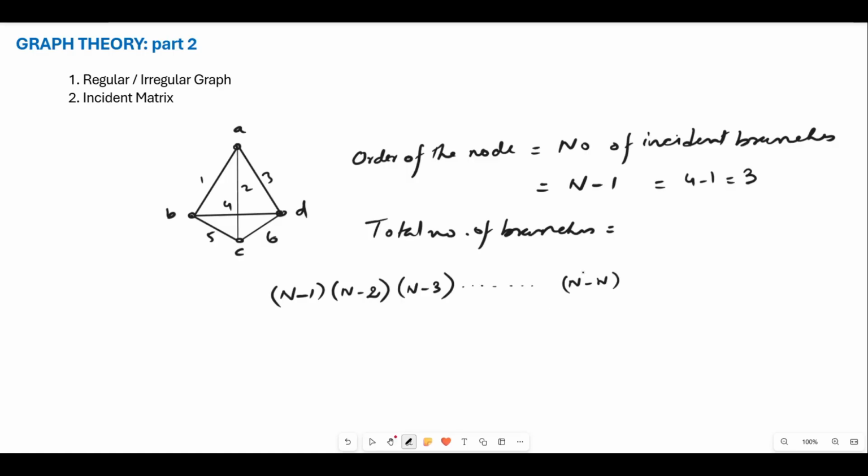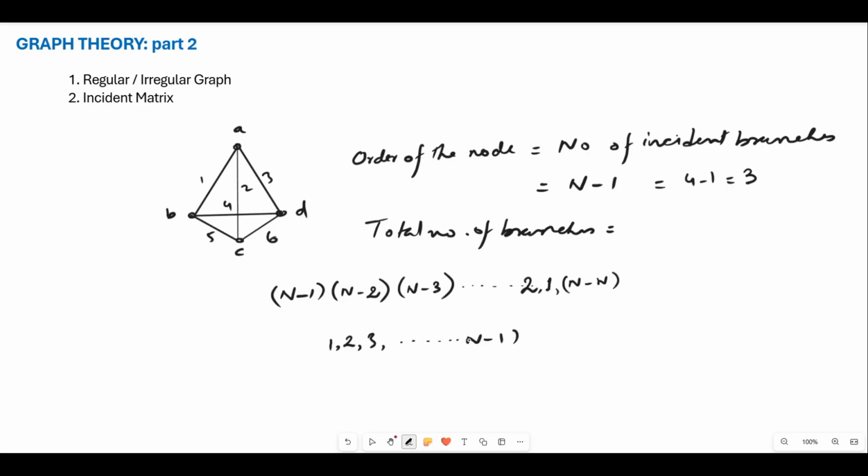The previous one will be n minus (n minus 1), which is 1, and before that we'll have 2. So this represents the series 1, 2, 3 up to n minus 1.